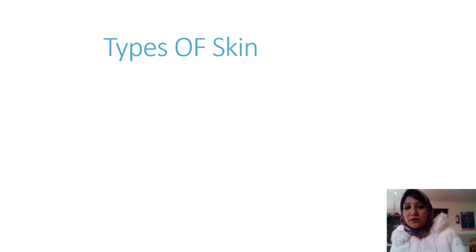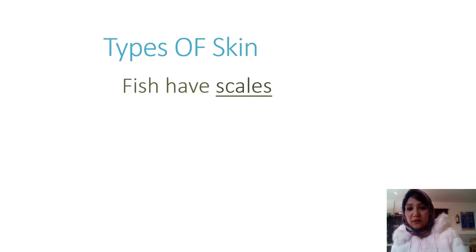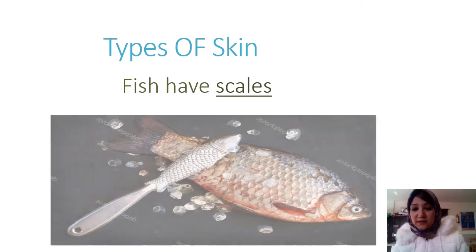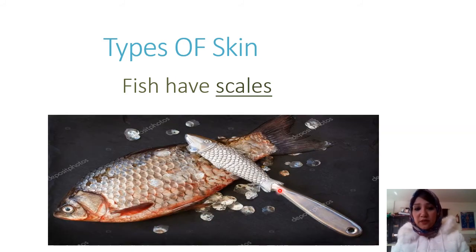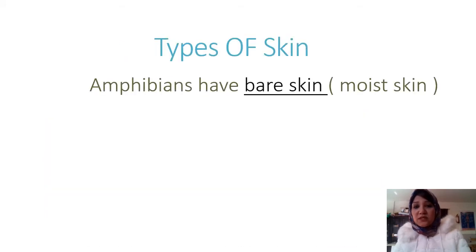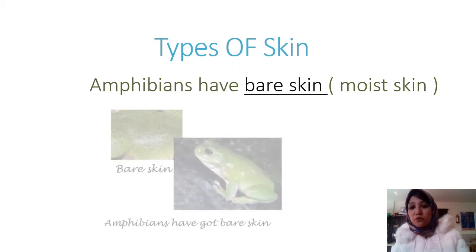Okay, what about types of skin? Fish have scales, like this. The body of fish is covered with scales. What about amphibians? Amphibians have bare skin or moist skin.